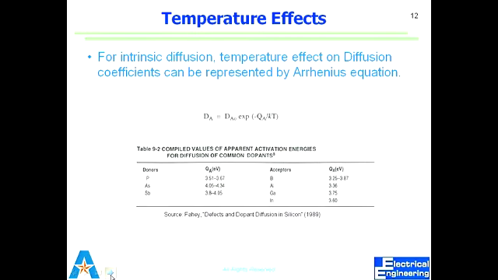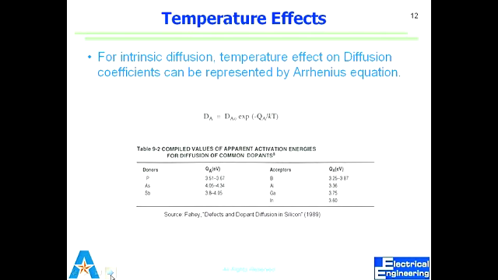It's a standard relation. It provides an exponential dependence on temperature. Generally, you see Arrhenius plots which have 1 over T times 1000, and they give you a linear plot. That shows the dependence on temperature when it changes.